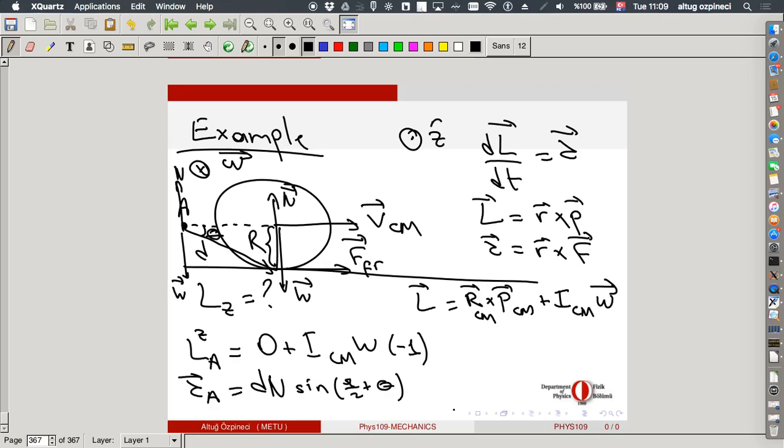For the cross product d cross N, in which direction is it? Now let's see. This is d, this is N. Take your right hand. It's in the plus z direction.